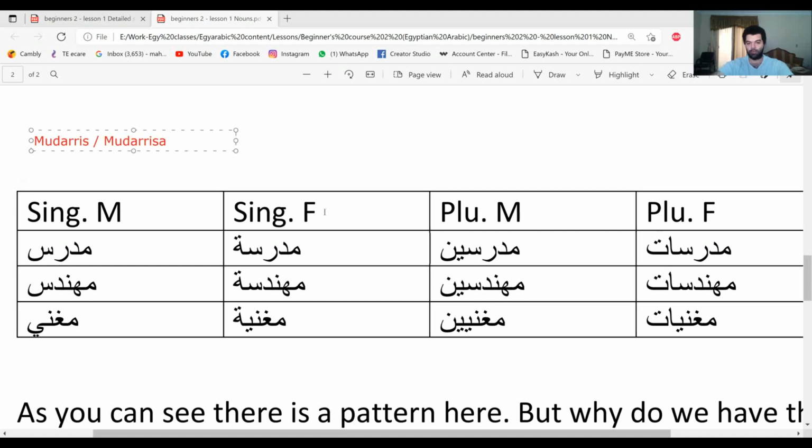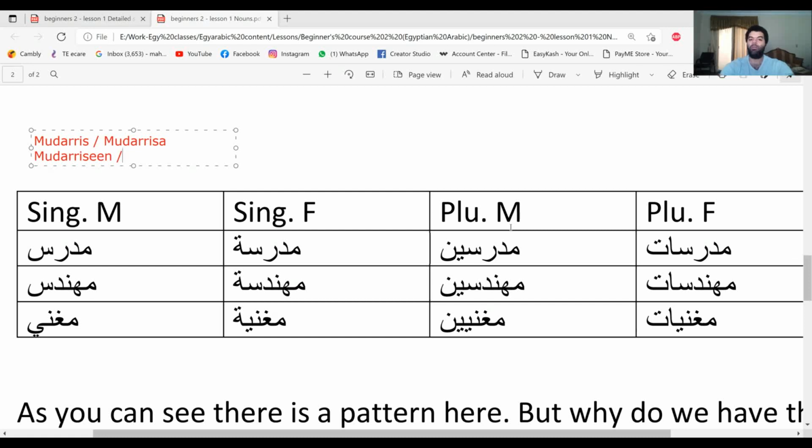You can see M and F. And what about the plural for male? What we do is we add ye noon to the masculine. We say in or en. Okay, so the word mudarris that we already said, again the same, and then we add in like that. Mudarrisin. So that is the plural for male.